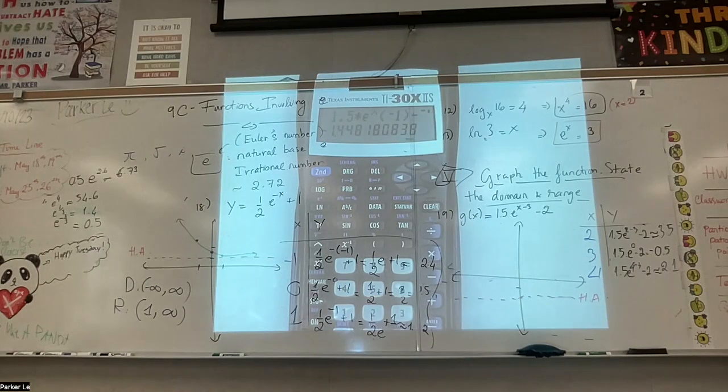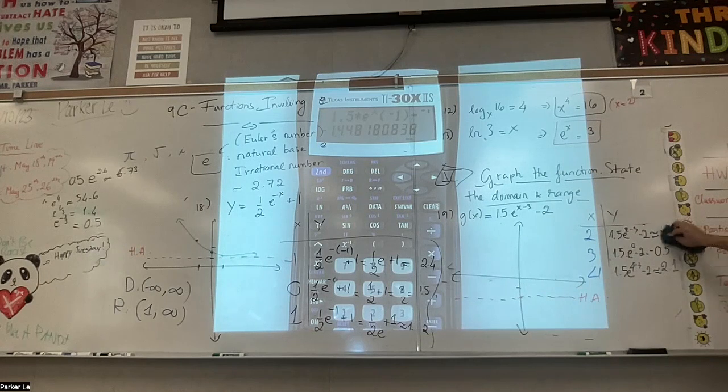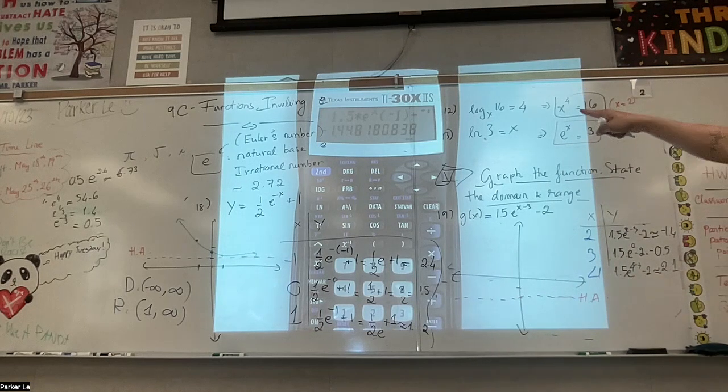So it is not 2. Who got this? Did you get negative 1.4? So this is negative 1.4 actually. Did you plug it in here?